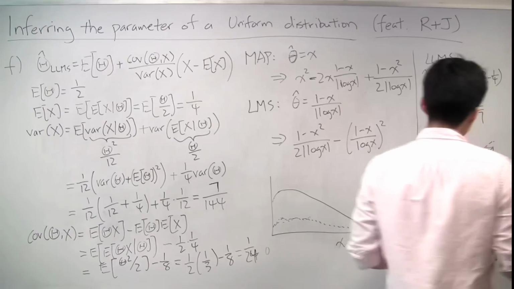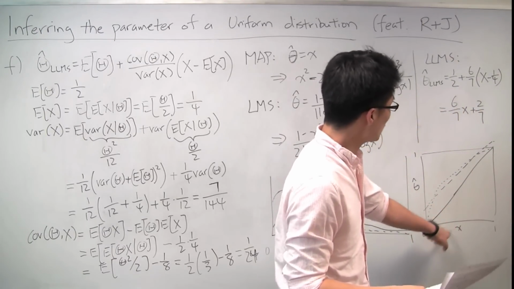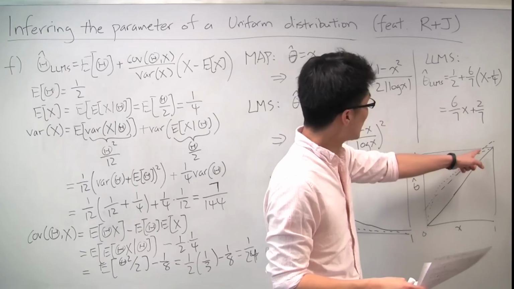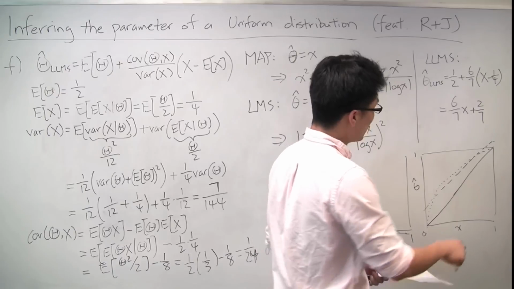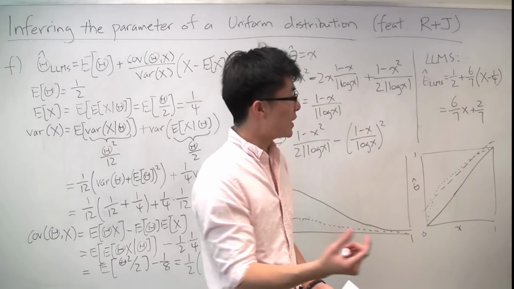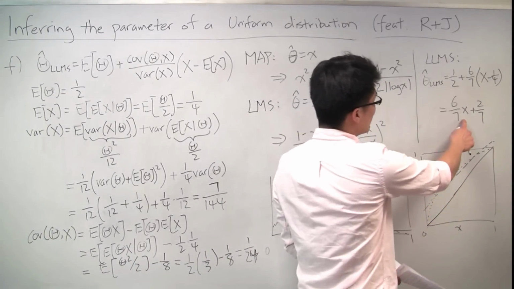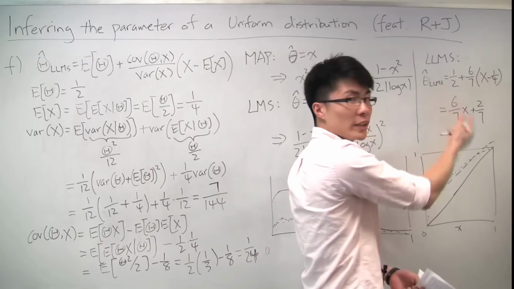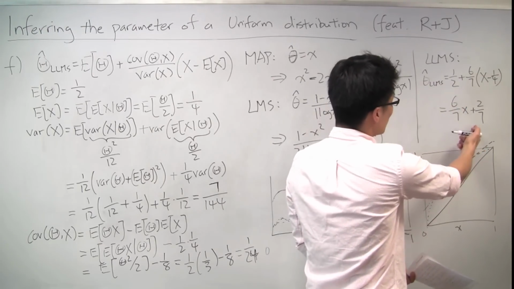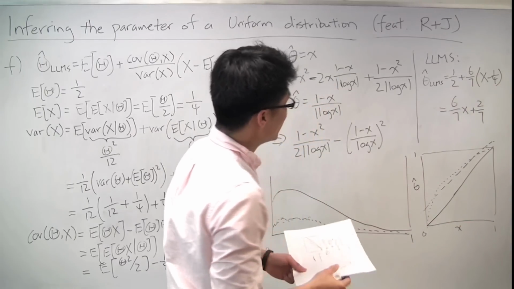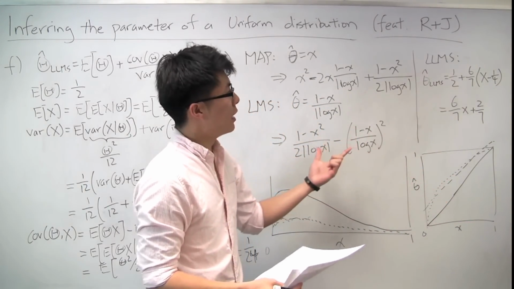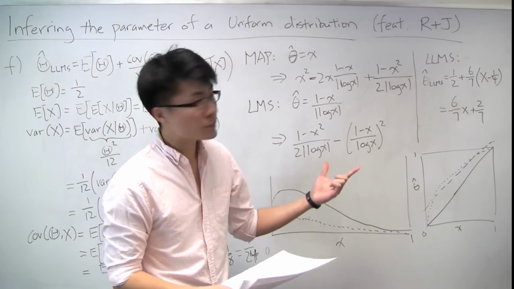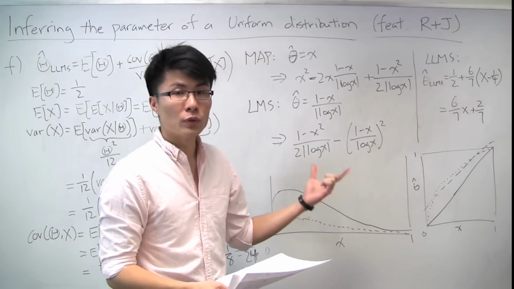And note especially that depending on what x is, if x is fairly close to 1, you might actually get an estimate of theta that's greater than 1. So for example, if you observe that Juliet is actually an hour late, then x is 1, and your estimate of theta from the linear LMS estimator would be 8 over 7, which is greater than 1. And that doesn't quite make sense because we know that theta is bounded to be only between 0 and 1.